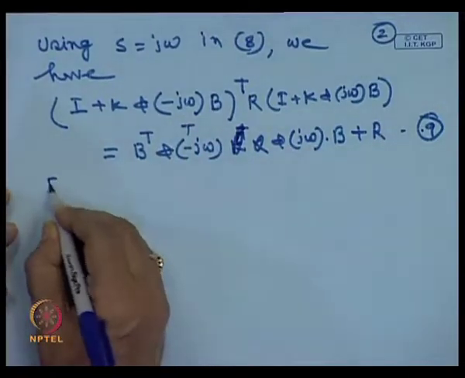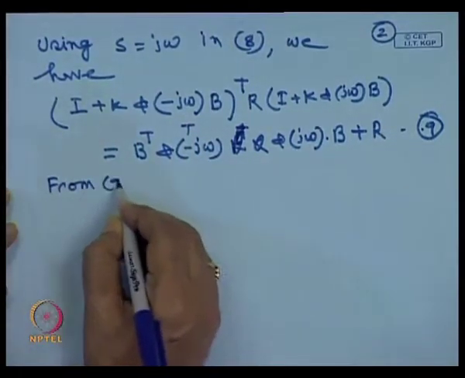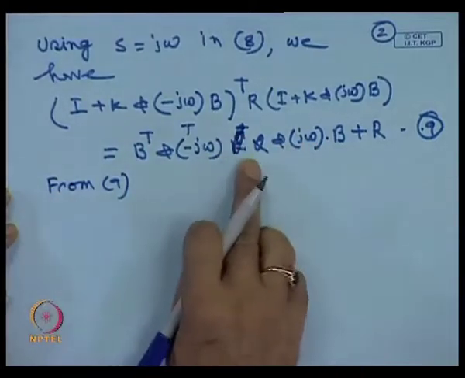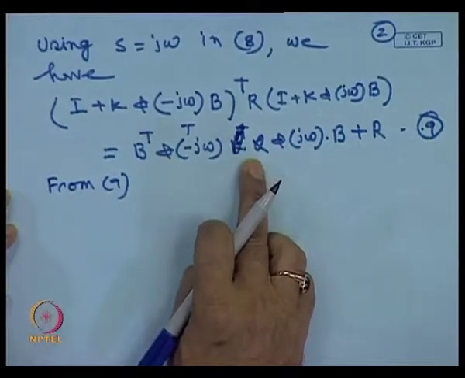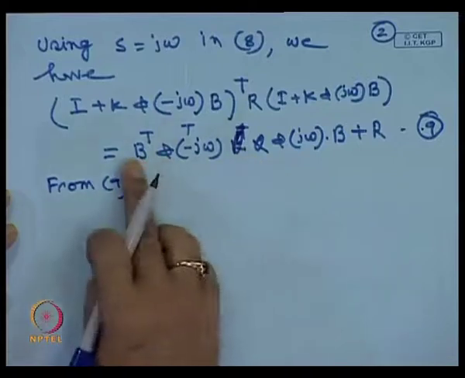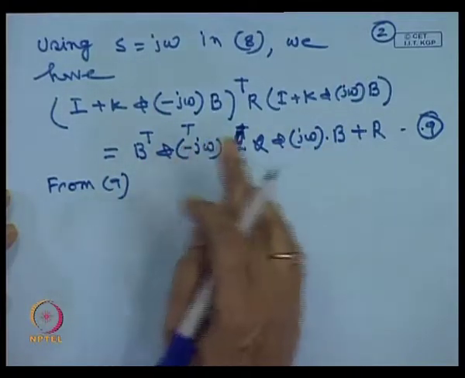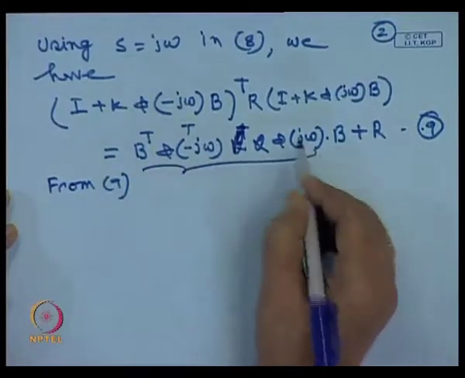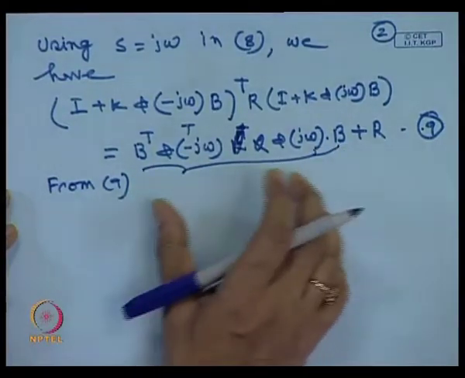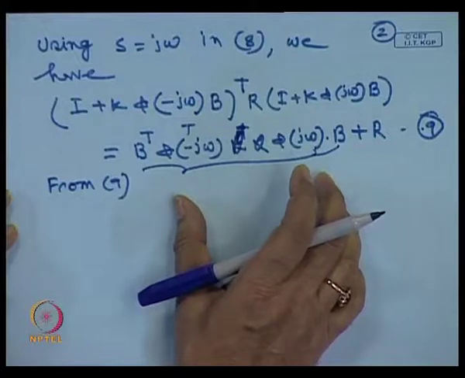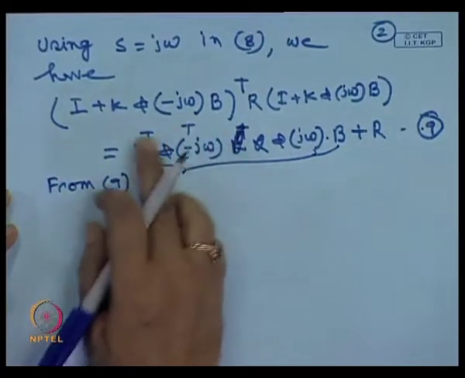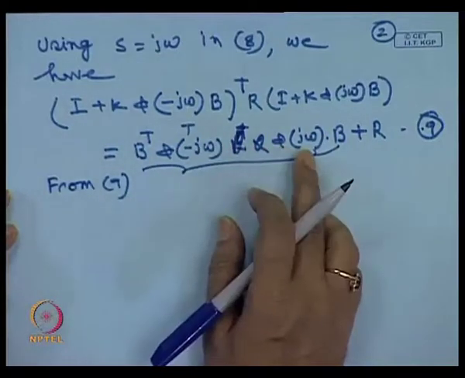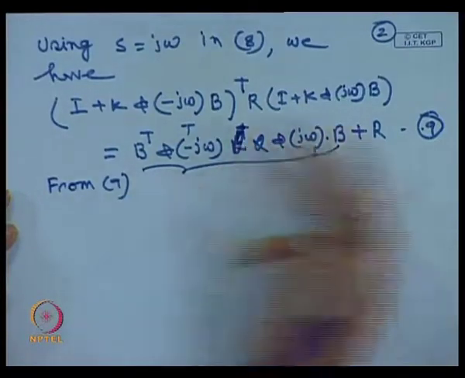So, from 9, since Q is a positive semi-definite matrix, for any value of frequency from 0 to infinity, if you sweep, this whole expression will be greater than or equal to 0, meaning a non-negative number, because it is pre-multiplied and post-multiplied by a matrix with its transpose.